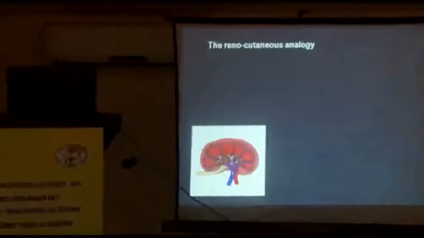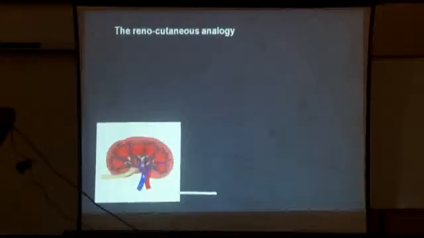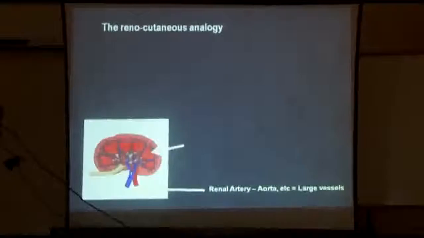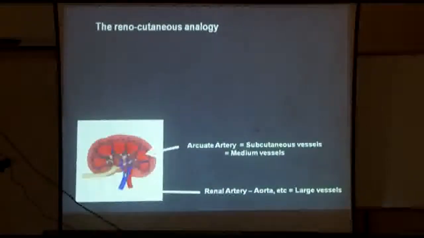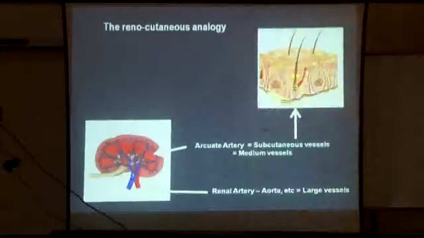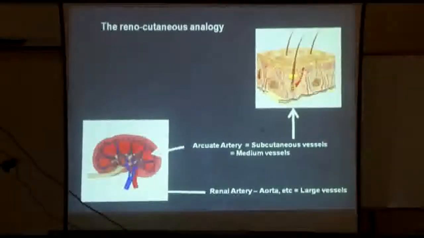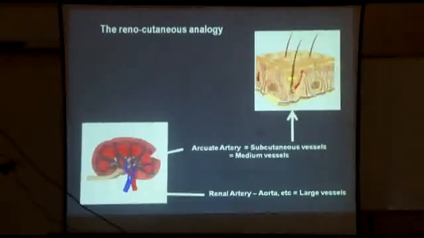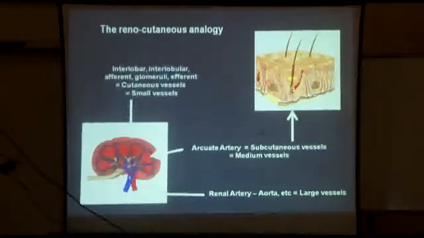If you take the kidney and look at the larger vessels, for example the renal artery and the aorta, they correspond to the larger vessels in the skin. Whereas the arcuate arteries in the kidney correspond to the subcutaneous vessels, which we mean as medium vessels. And the interlobular and interlobar blood vessels correspond to the cutaneous small vessels that we keep talking about.